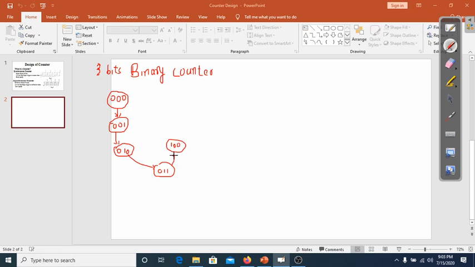Then again the next state is 101, and next state is 110.